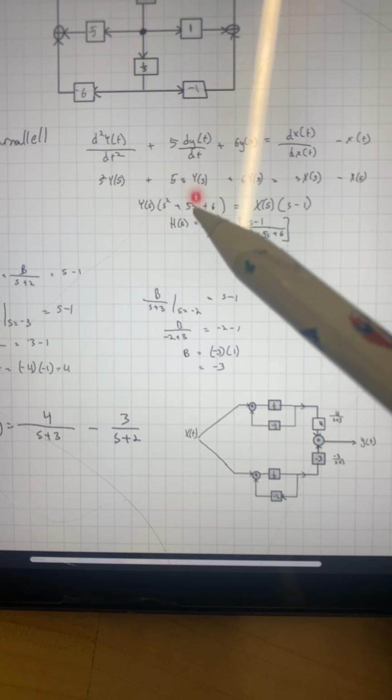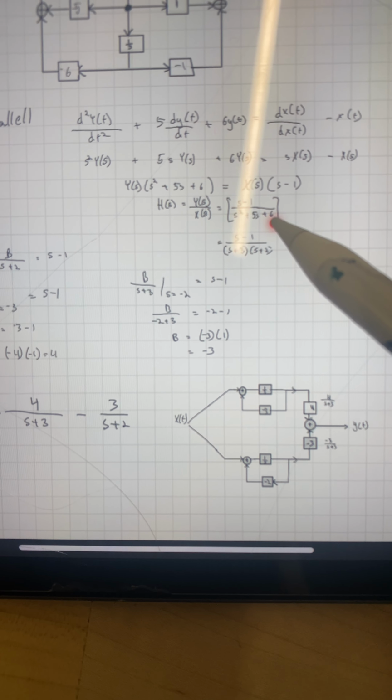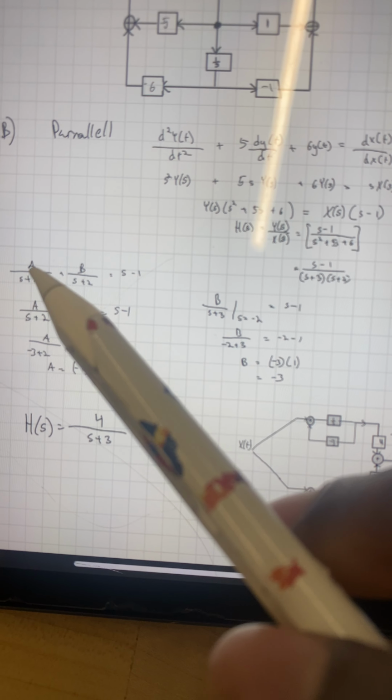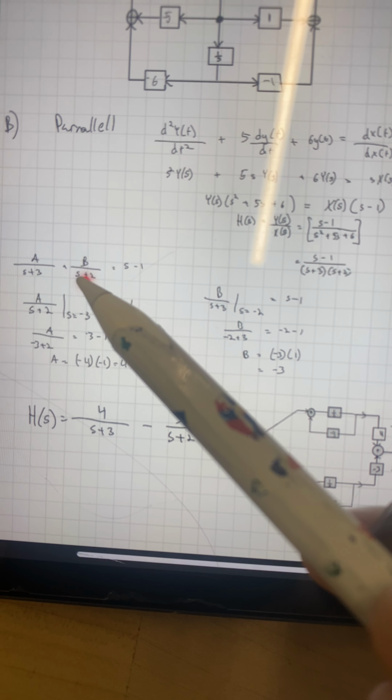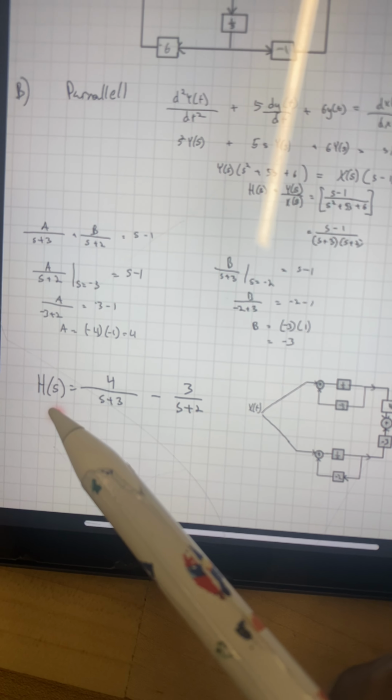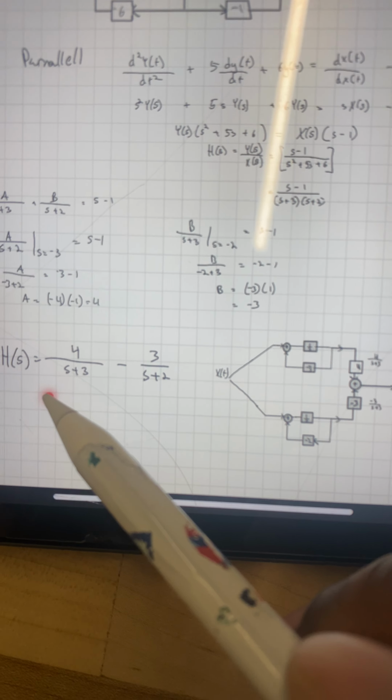So for the parallel combination, we need to be able to solve for H of s. As you can see, we solve for H of s below, and then we solve for our A and B variables from our partial fraction to get our H of s equation.